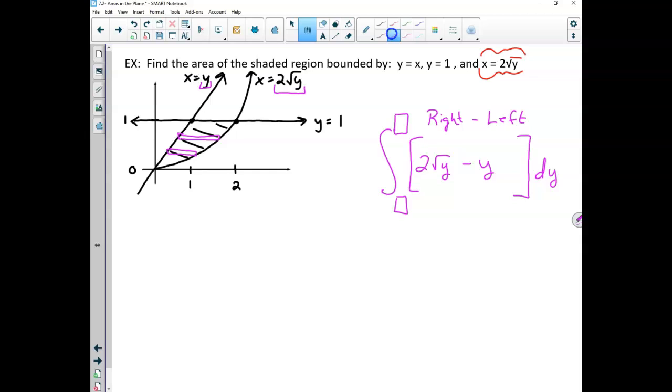And now I would need these points that I have here. How would I find the points? Well, I would have to find the intersection of this line and this line, using substitution. If I plugged my y as 1 here, that would mean x is 2, 1, right? And bottom line, I'm going from my y's, from 0 to 1 if this is the way I'm integrating. I go 0, 1. I don't even need to do a system, okay?